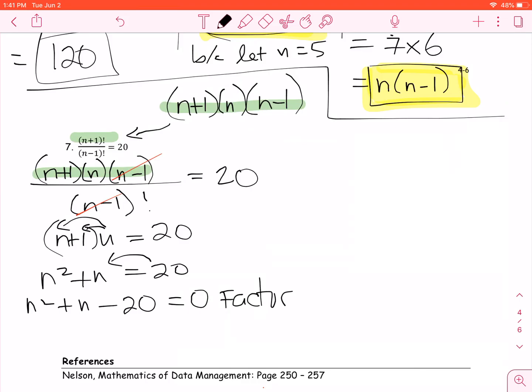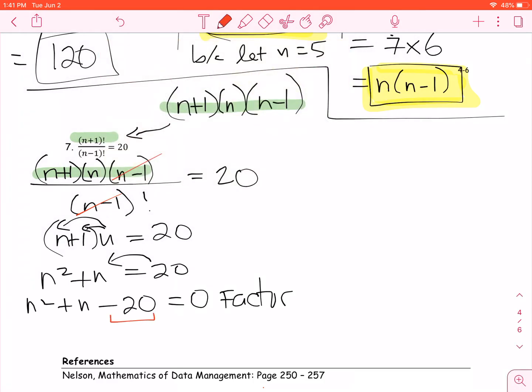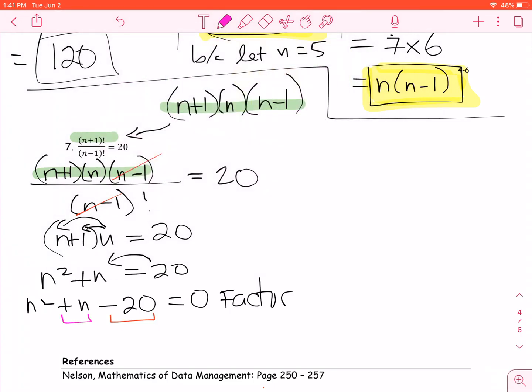So I have to think, what are two numbers that multiply to negative 20 and add to positive 1? Two numbers that satisfy that give n plus 5, n minus 4 is equal to 0. Basically I just found my factors and put it into factored form.